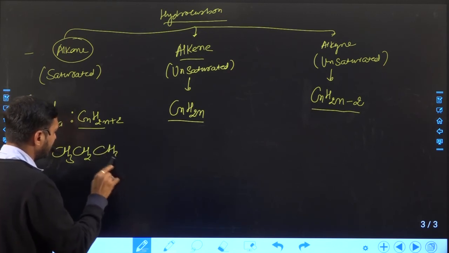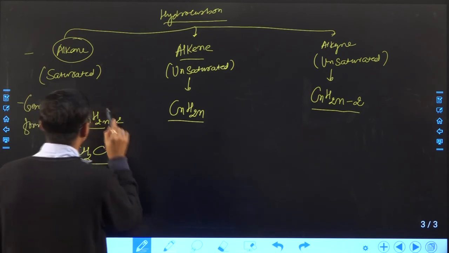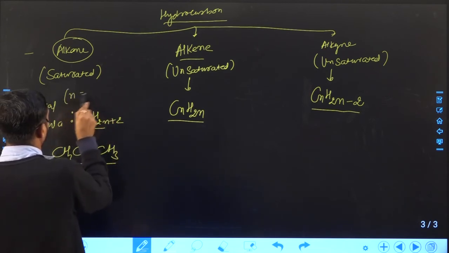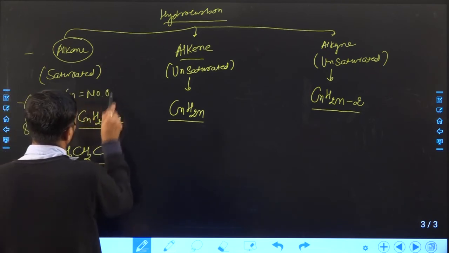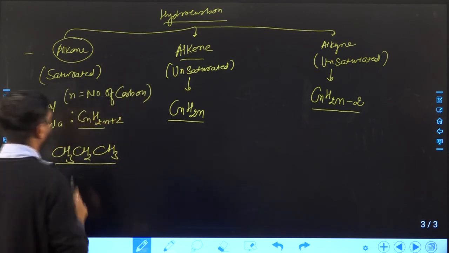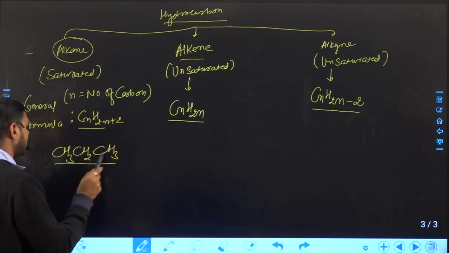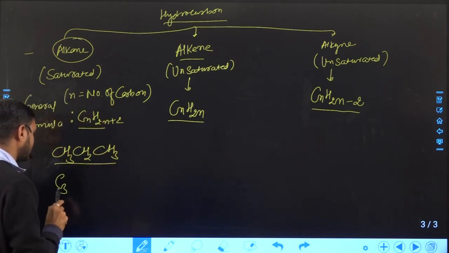You can see in this compound 3 carbon is present. Here n represents the number of carbon. This is very important. Here n is equal to the number of carbon, which in this case is 3.